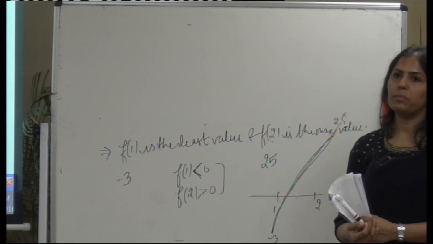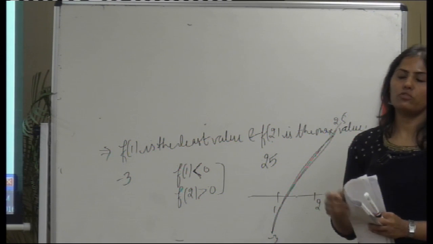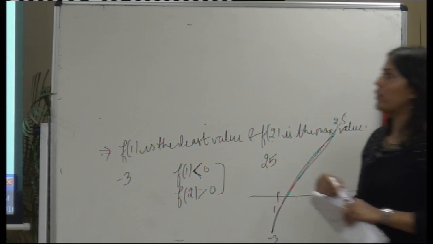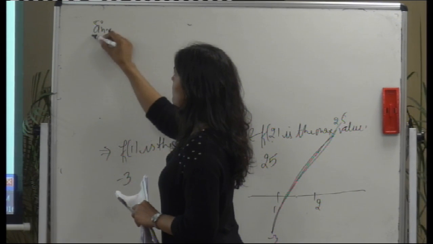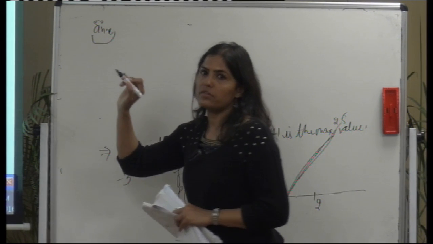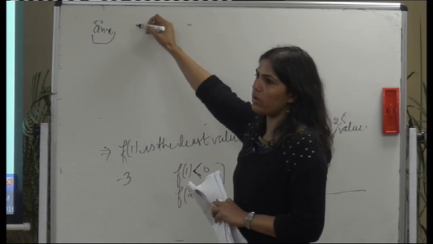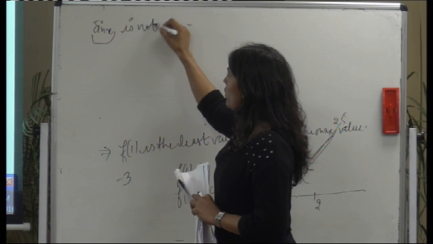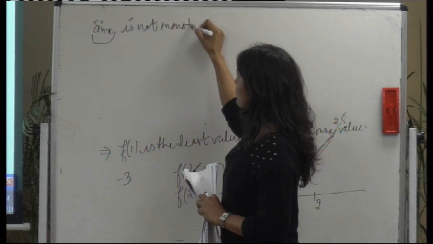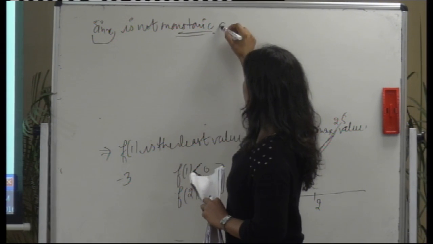We have to actually break the interval. We have to break R because the sin x function is not monotonic. So the same uniqueness part we cannot say. Sin x doesn't have a unique root on R, because sin x is not monotonic. All agree? So this condition we cannot apply.